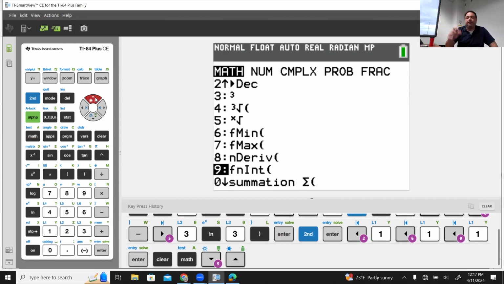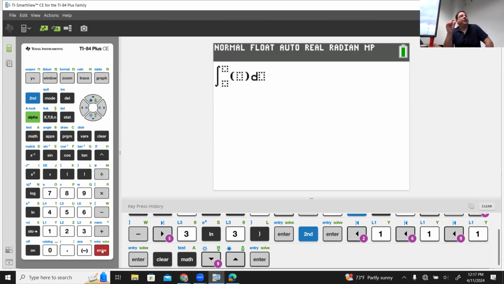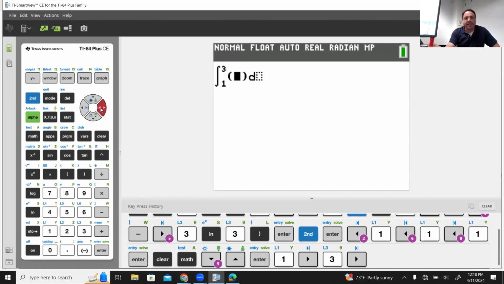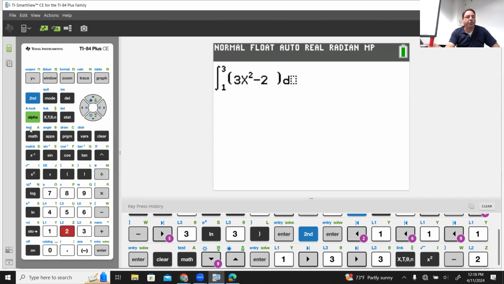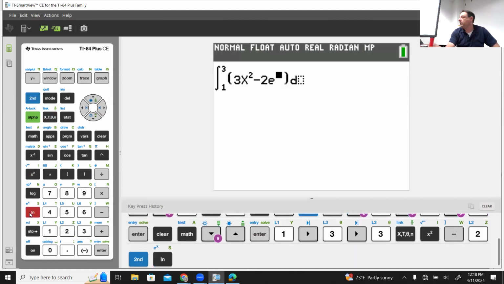Now, it depends on your calculator. If your calculator looks like mine, it's going to look like the problem. If your calculator says F integral parenthesis, I'll show you that in a minute. But if it looks like this one, you literally type in the original, the very original. 1 to the right, 3 to the right, and then the inside was 3x squared minus 2 e to the x plus, and again, you can do 3 over x or 3x negative 1, your choice.